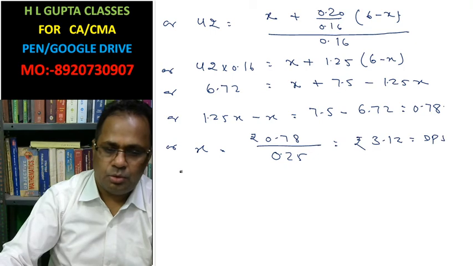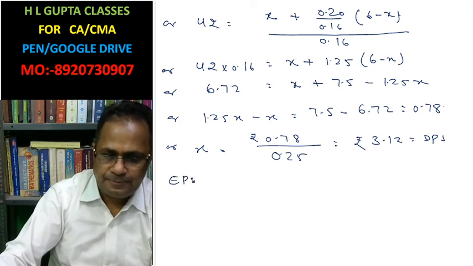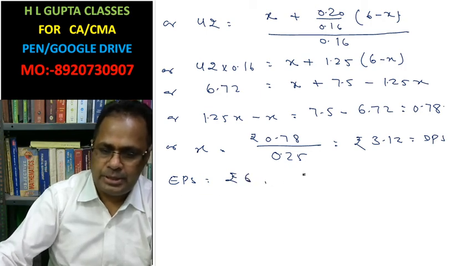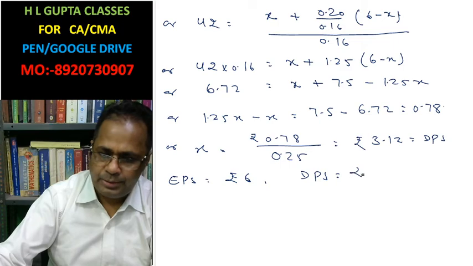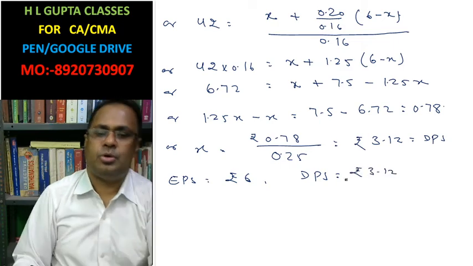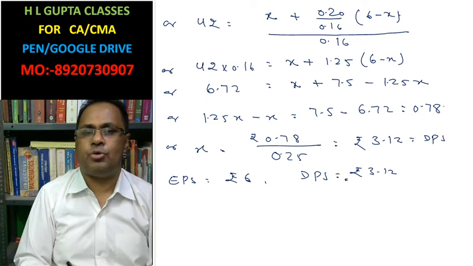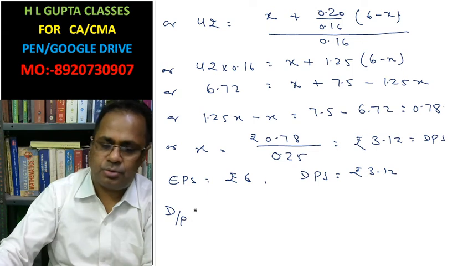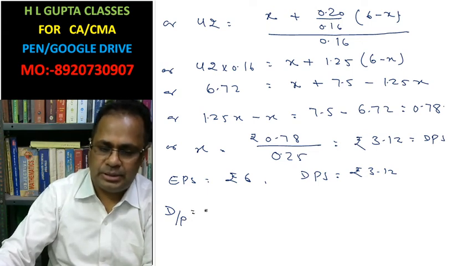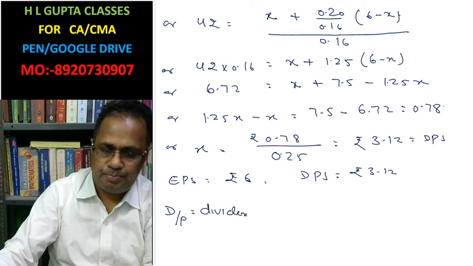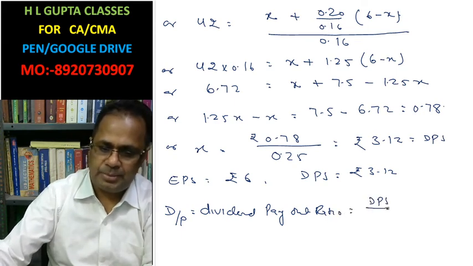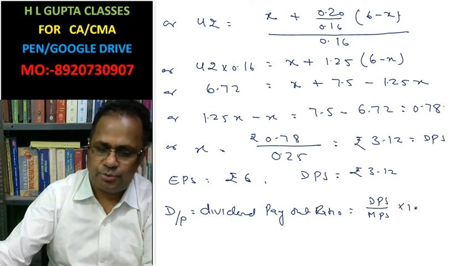Now we have EPS rupees 6 and dividend per share rupees 3.12, and we have to calculate the dividend payout ratio. This is the formula of dividend payout ratio: dividend per share divided by EPS into 100.